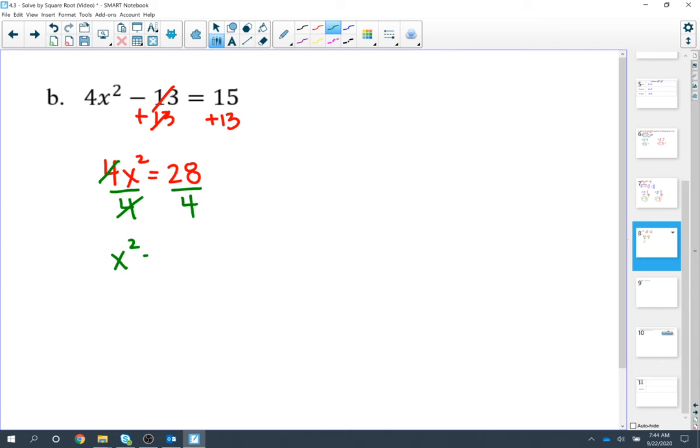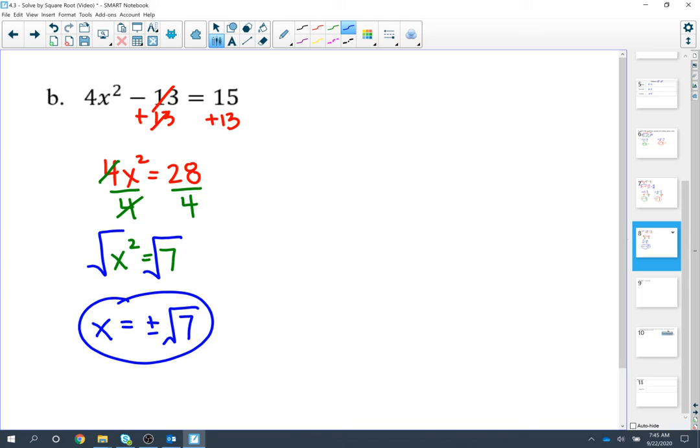X squared equals 7. Then we're going to take a square root. X equals the square root of 7. Now, the square root of 7 doesn't really come out pretty, so we're just going to leave it as an exact square root. And I'm going to put plus or minus the square root of 7, and I'm going to call that good.